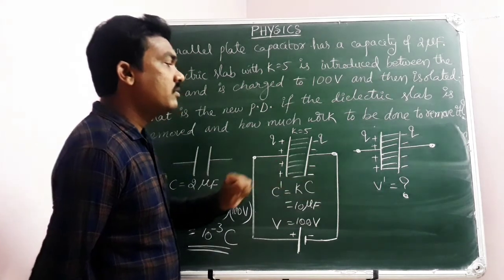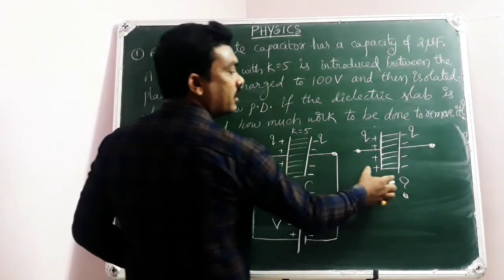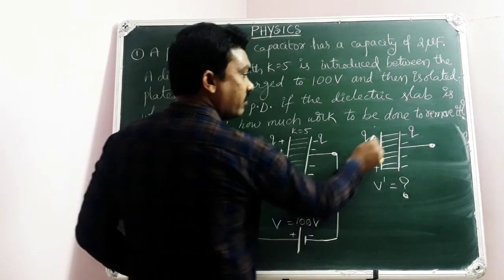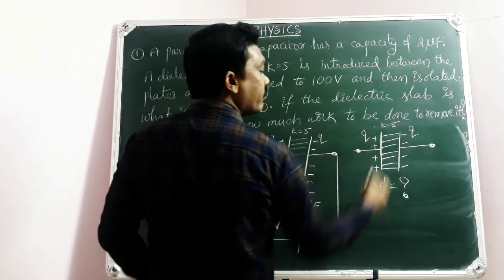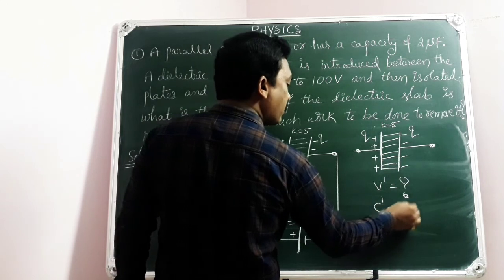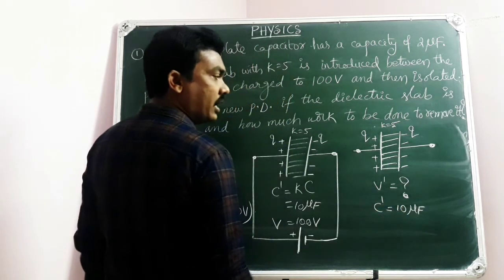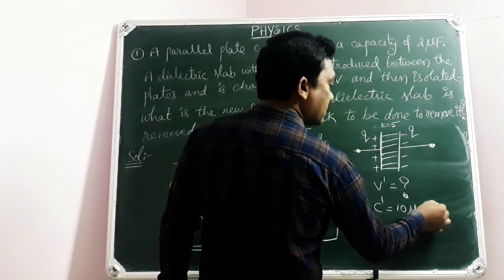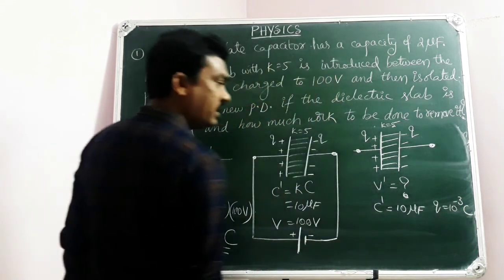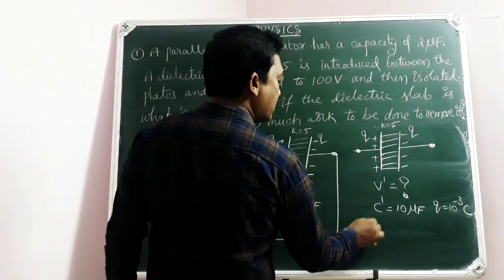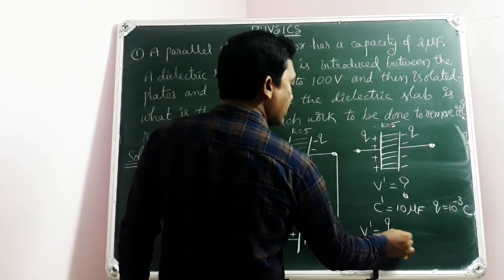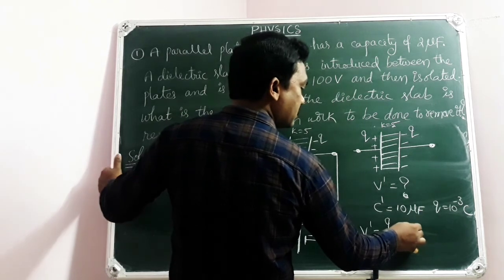Now you learned that whenever a dielectric material medium with K equal to 5 is placed, its capacity is C dash equal to 10 microfarad, and the charge is 10 power minus 3 coulombs, which remains the same, and you have to calculate the potential difference V equal to Q by C.